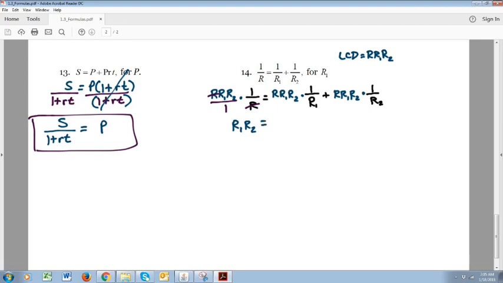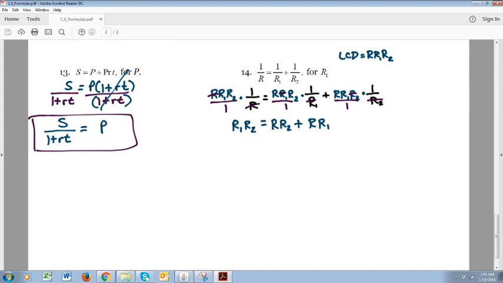On the other side, let's see, when we multiply times 1 over R sub 1, the R sub 1's are going to cancel. And we're left with R times R sub 2. And then the last, when you have 1 over R sub 2, the R sub 2's are going to cancel. Whoops. And you're left with R times R sub 1.